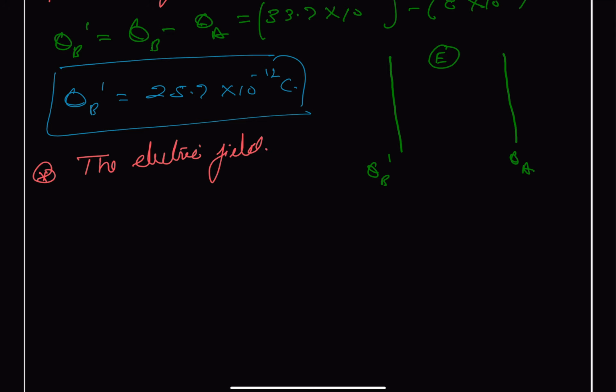Now in this case it is something like two parallel plates, and those parallel plates are having different charges. One is QA and the other one is QB prime. So we are going to find out the mean of the charges.